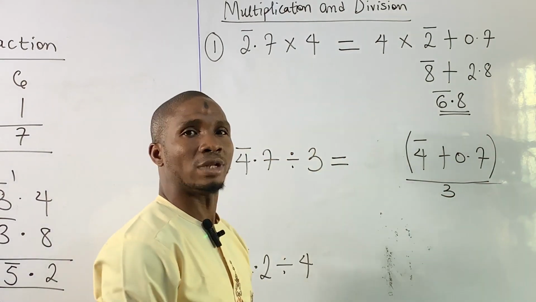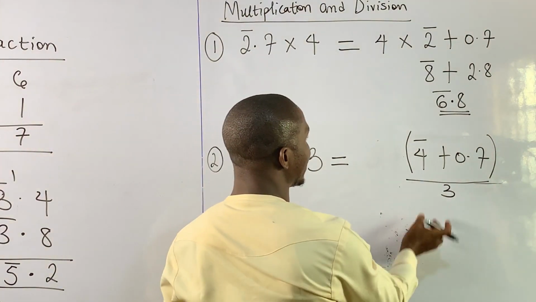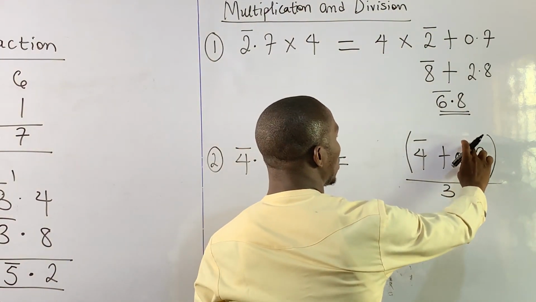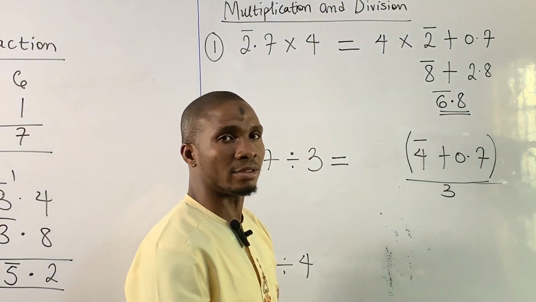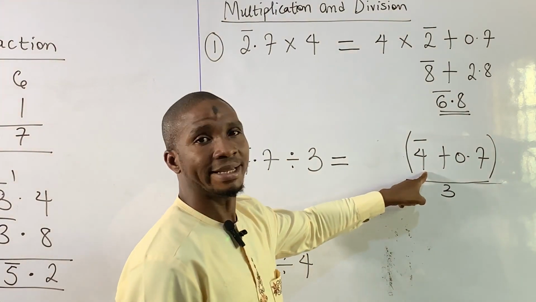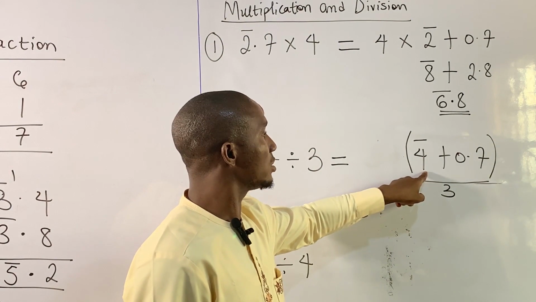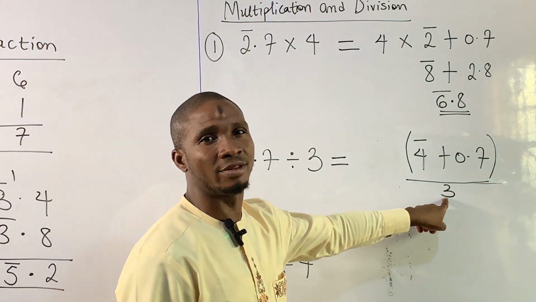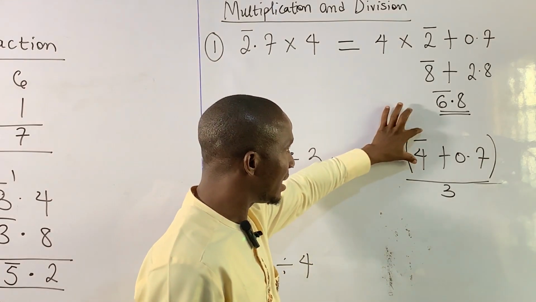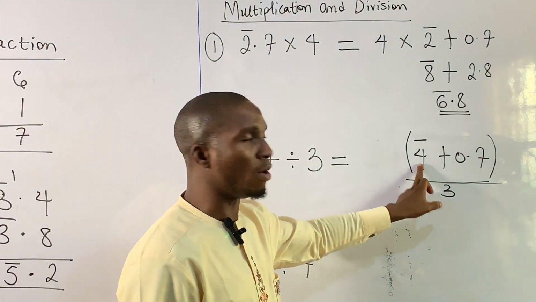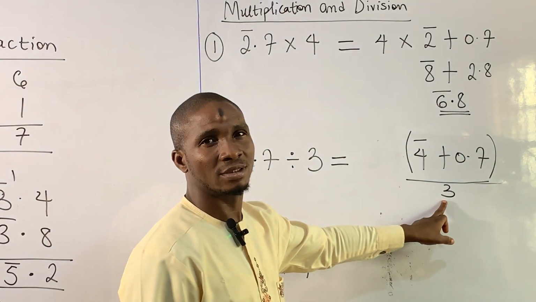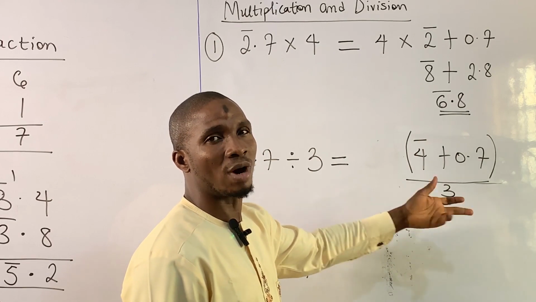This shows that bar 4 will be divided by 3, and 0.7 will also be divided by 3. Please take note here. In division, the bar must be a factor of the divisor before you can divide it. I mean, this bar must be a factor of this divisor. For example, 4 is not a factor of 3. Therefore, we cannot divide. What are we now going to do?